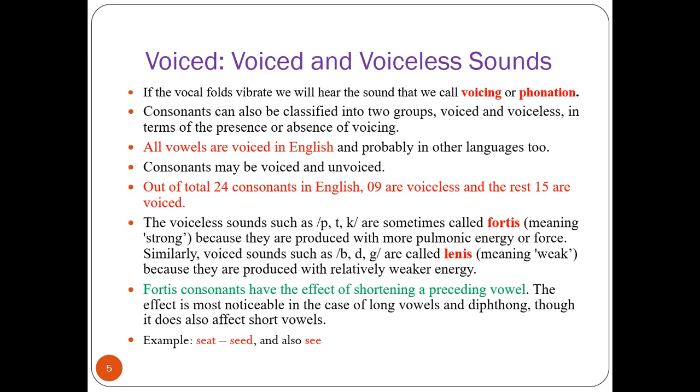So this distinction should also be kept in mind when we talk about voiceless and voiced sounds. Voiceless sounds are stronger when we produce them, and we exert more force or energy when we utter them. We use less pulmonic energy or force when we produce voiced sounds. Keep this in mind.